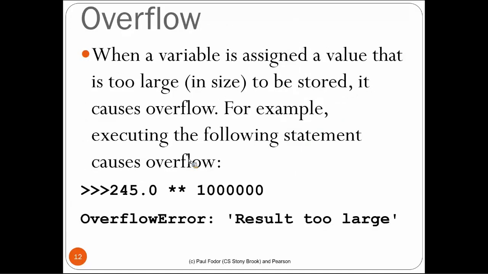Overflow. When a variable is assigned a value that is too large in size to be stored, it causes an overflow. For example, if you try to compute a very huge power, like 245 to the power 1 million, you will eventually get an overflow. Python has a numeric type that will store the biggest number that can be represented in your main memory.